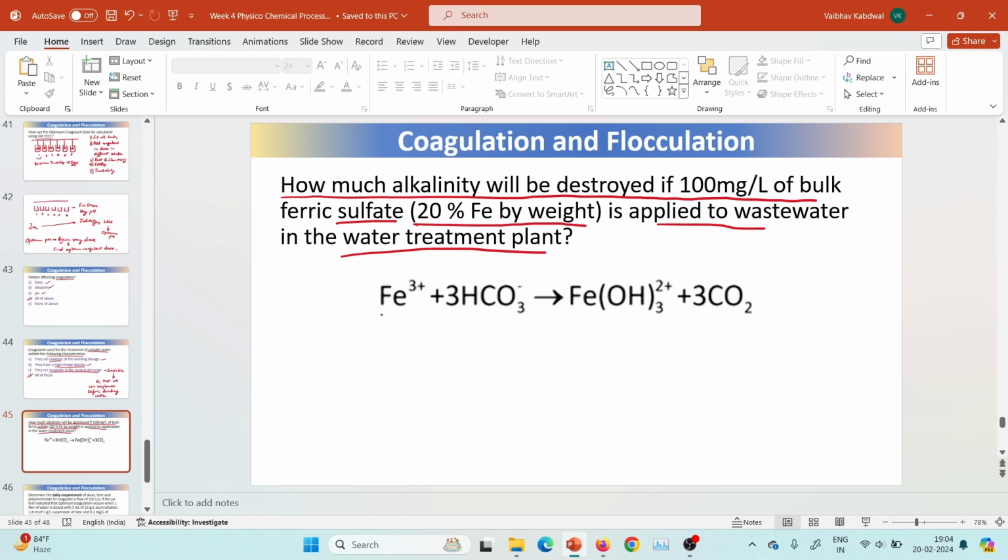So the question is saying how much alkalinity will be required if iron as bulk ferric sulfate is applied at 100 milligram per liter.